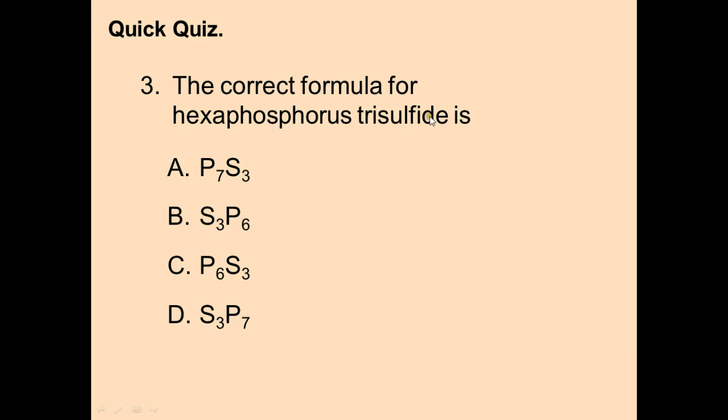So if you remember the rules, the name should be in the exact same order as the formula. So phosphorus needs to be first, and then sulfur. And if you remember, hexa is 6, just like hexagon. So it should be P6S3. So the correct answer is C.